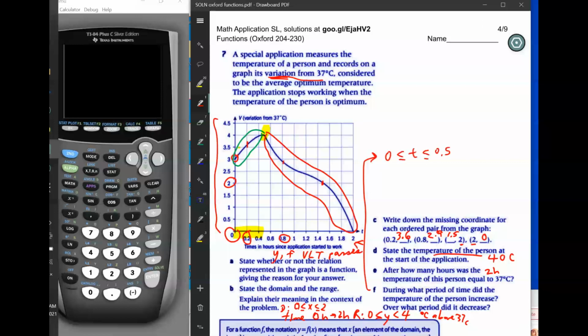So this is increasing. And then decreasing would be the red part, starting at 0.5 and going all the way to 2. So I will put 0.5 less than or equal to t less than or equal to 2.